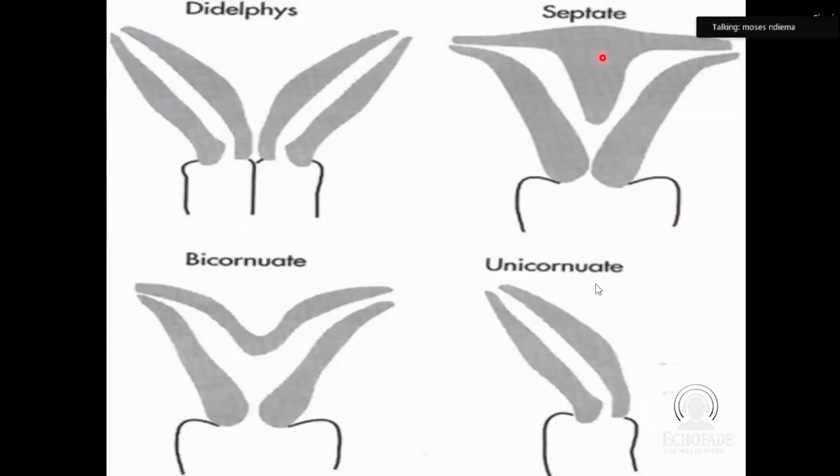And then this way we have a septate type of uterus. Bicornis is where you have two horns. And here, usually we should be having a rounded part, which is the fundus, but you might have a small depression. And when you have that small depression, that's an arcuate type of uterus.